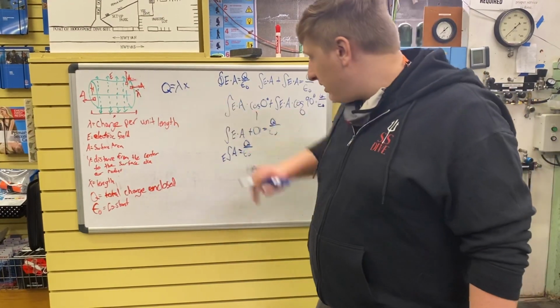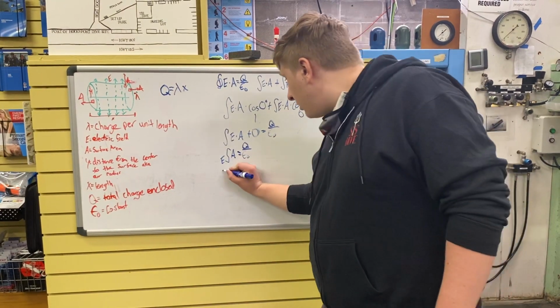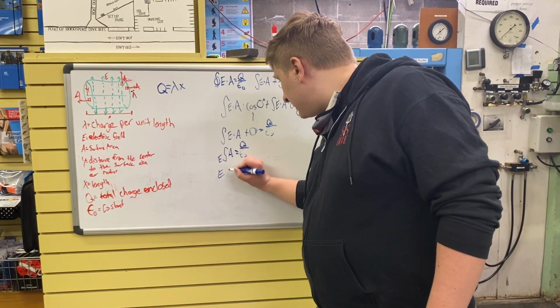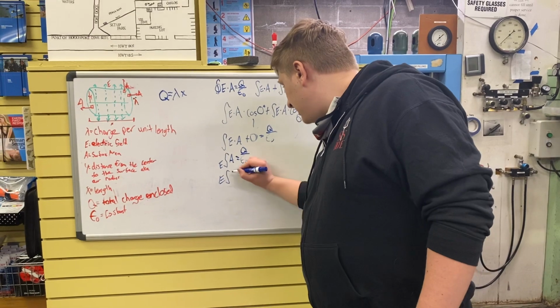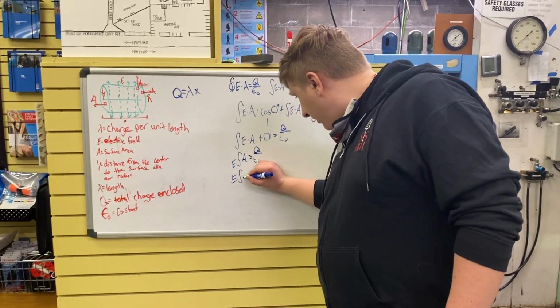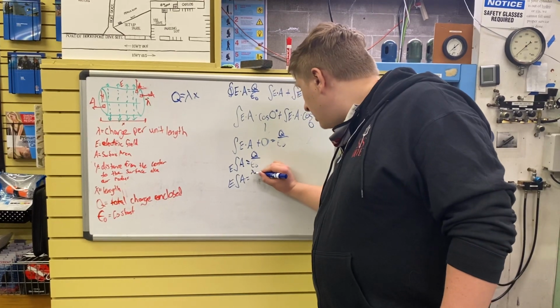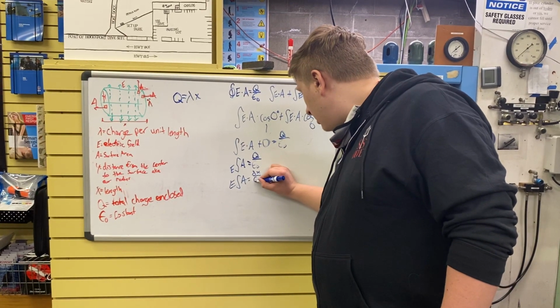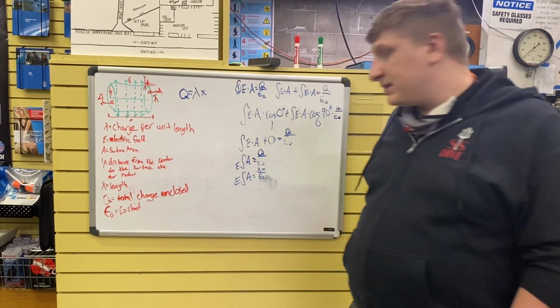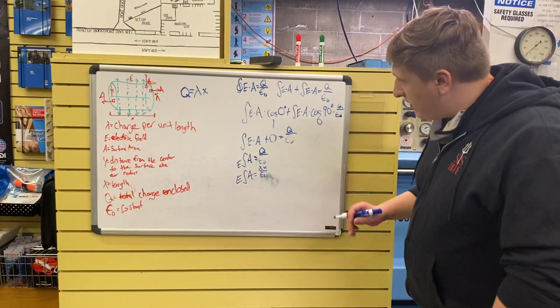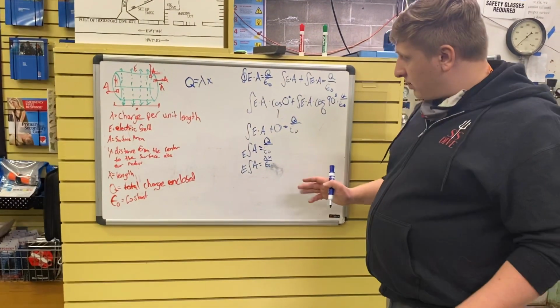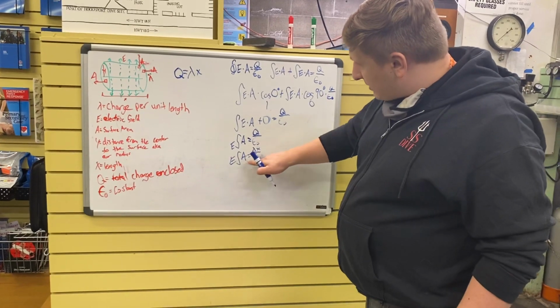So, knowing that, we can replace this Q. So we can do this now. E times the integral of A equals lambda x over epsilon naught. All right. Now, let's talk about the integral A.